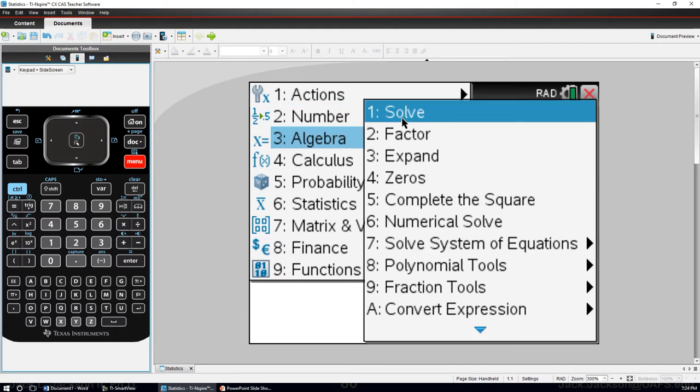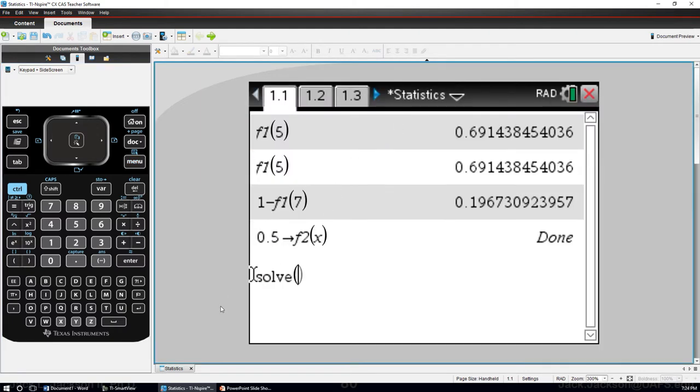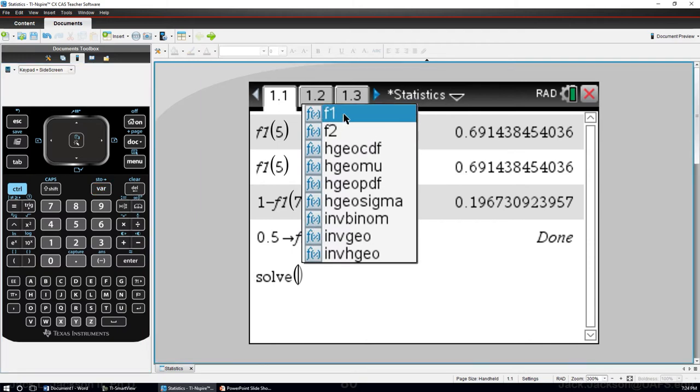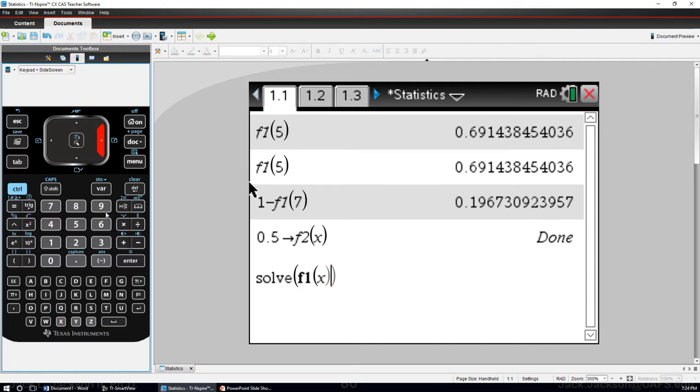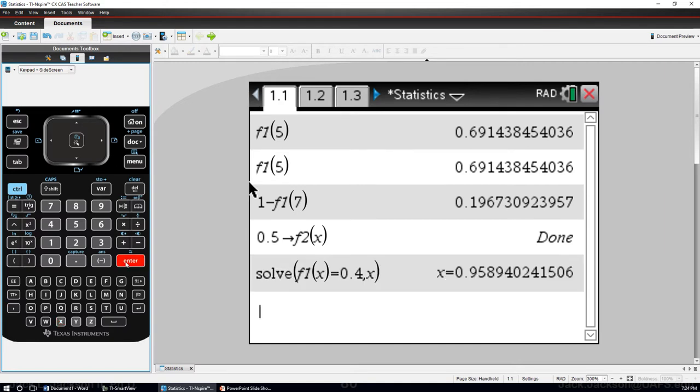So I go to Algebra and choose number 1, Solve, and I can solve F1 of x equal to, in this case, 0.4, and then comma, solve it for the variable x. That's the syntax you use, and bada bing, there it is. So you can solve these directly from the home screen, which is probably the more efficient way of doing this on the Nspire.